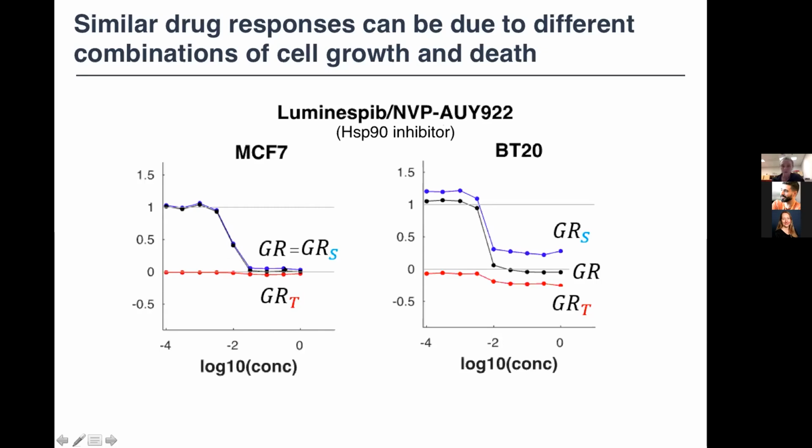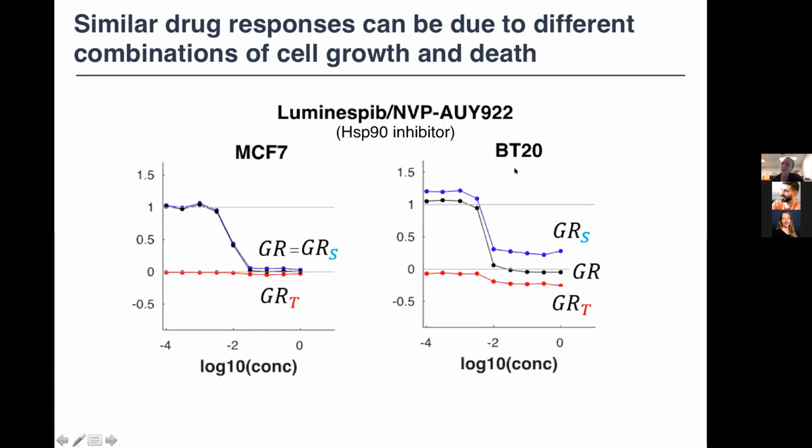And so they both result, at least in GR space, in values around 0, which we interpret to be a cytostatic response. When you look at MCF7 cells, the cytostatic curve here is shown in blue, and you can see that really explains the full shape of this dose response. There's really no contribution of toxicity to this dose response.